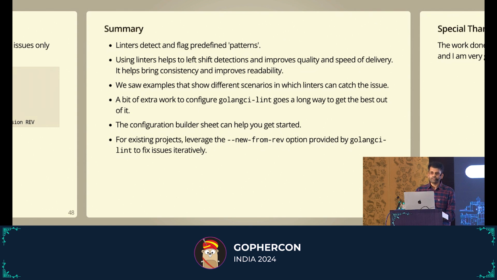We saw examples that show how linters can catch issues that might be tricky. A bit of extra work is needed to unlock the full potential of Golangci-lint. The configuration builder sheet can be a good starting point for a more thorough configuration. And for existing projects, it is recommended to leverage the new-from-rev flag provided by Golangci-lint to fix issues iteratively.